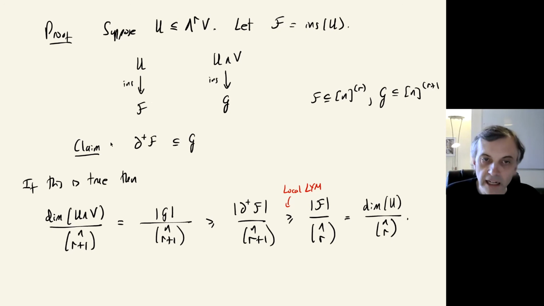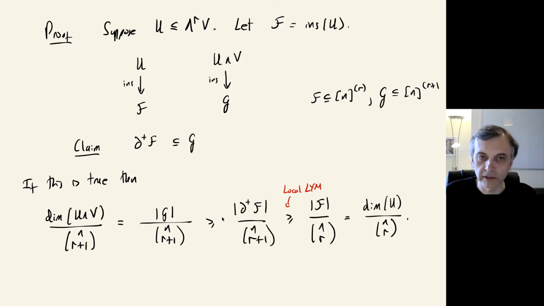Okay, if the claim is true, let's just see why this exterior algebra version of local LYM holds. We're interested in the dimension of U wedge V divided by the dimension of the (r+1)st exterior power, n choose r+1. By this initial set property, the dimension of U wedge V is the same as the size of G, the number of edges in the initial hypergraph, divided by n choose r+1.